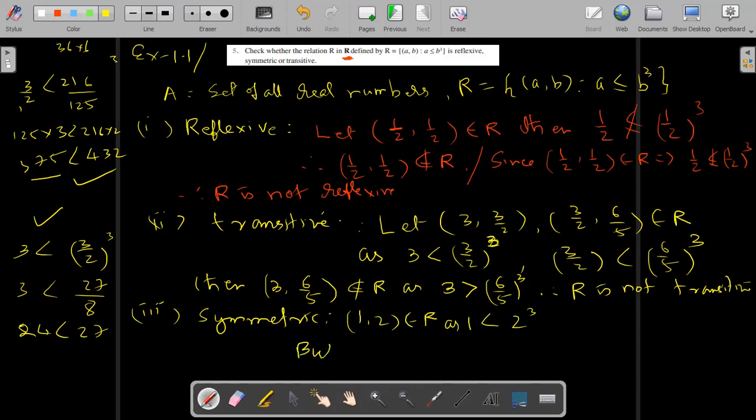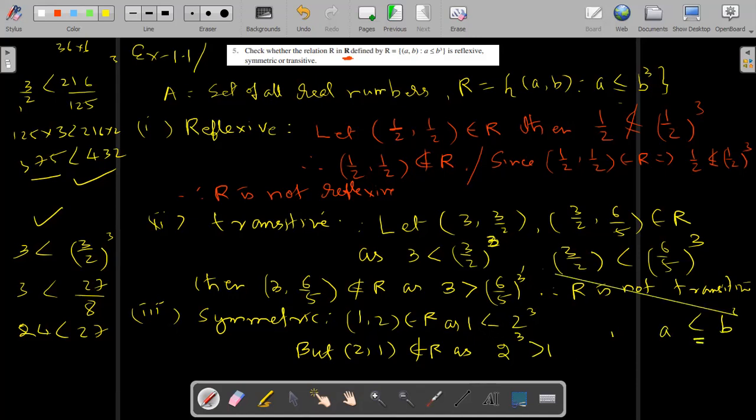But (2, 1) will not belong to R, as 2 cube is greater than 1. The relation is a is less than or equal to b cube.